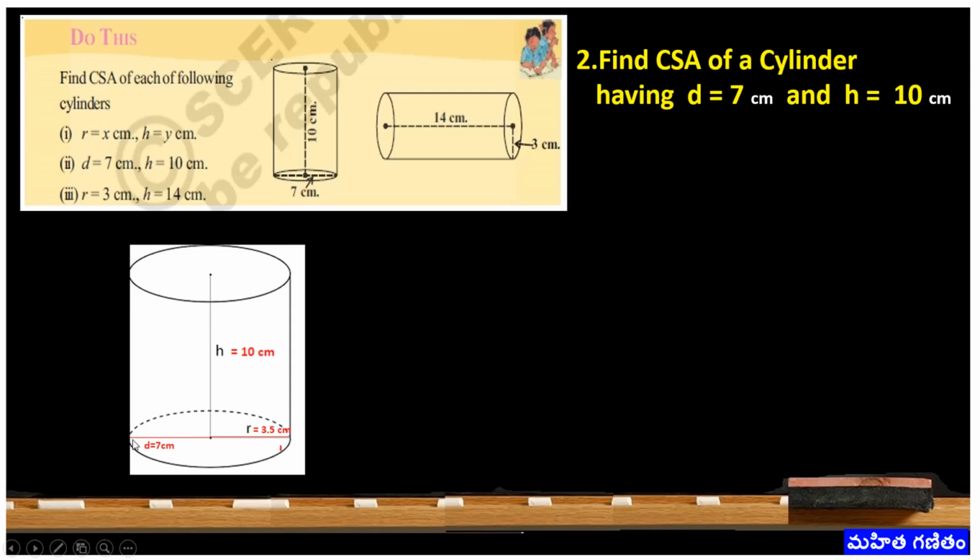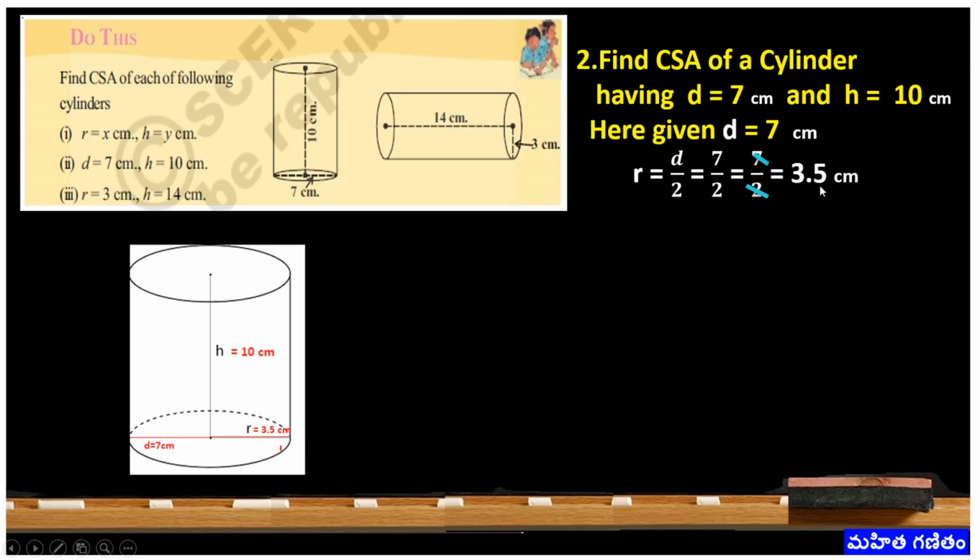So if the diameter is 7 centimeters, then the radius becomes 3.5 centimeters. Find radius, that means d by 2, half of the diameter, 7 by 2, which is 3.5 centimeters. Then what is the height? 10 centimeters.